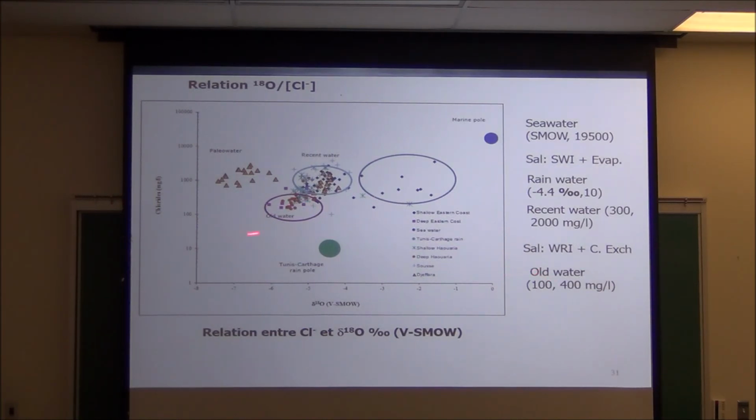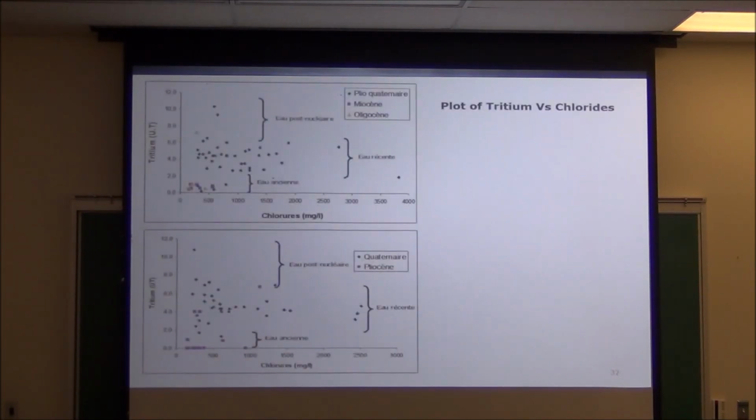The composition in chloride is between 100 and 400 milligram per liter. And for the paleo water, we have composition from 1,000 to 3,000 milligram per liter. And in this group of water, the salinity is mainly caused by the dissolution of the halite mineral.